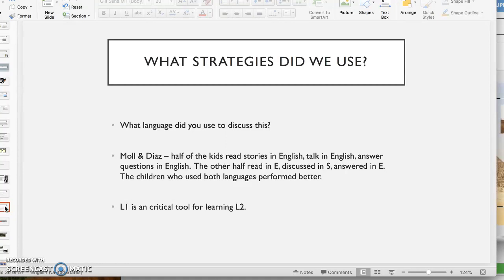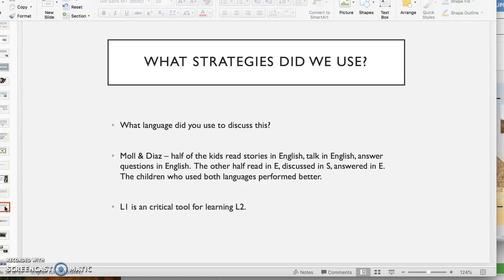So the point I'm trying to get across is that there are studies done if we're trying to improve students' abilities to read and comprehend text in English, and we're working with students who are bilingual. There was a study done where we separate a treatment and a control group, and in the control group, students read a text in English, they talked about it in English, and they took a test in English.